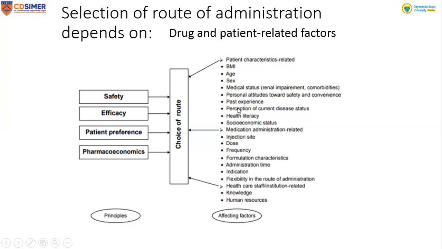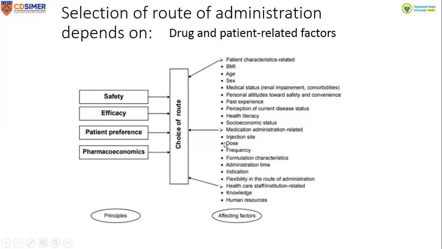If the patient is happy with oral route, you can give oral, or if they are interested only in the injections, then that is a tricky case one needs to think of. And perception of current disease status, health literacy, socio-economical status, medications administered related to injection site. Suppose injection site is good, then you can give; suppose if it is infected or not suitable, then you have to think of some other route.